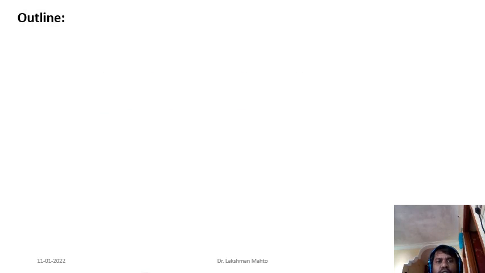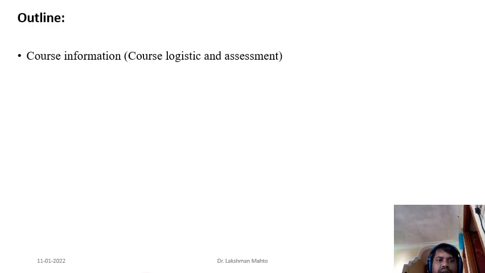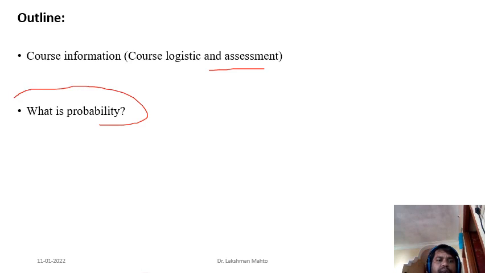So coming to the outline of today's lecture, first I will give a brief introduction of course information. There I will talk about course logistics, assessment process, references and other things. Then I will start with the course itself. Today, I will introduce what probability is, why we are studying probability, how we observe probability in different scenarios, and why probability is essential to study.